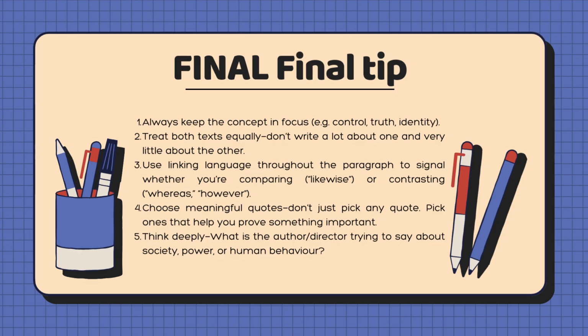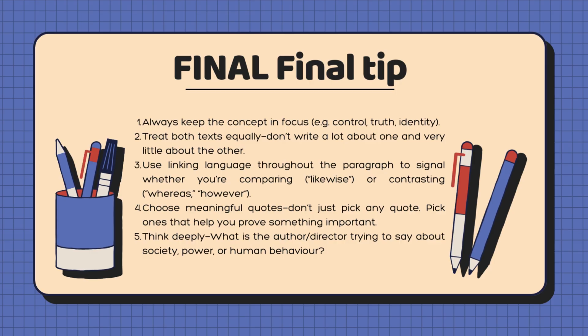So, your final tip: always keep your concept in focus, whether it is control, truth, identity, gender, morality. Make sure you keep that concept clear. Treat both texts equally. Don't write a lot about one and very little about the other. You want to make sure it is well balanced.